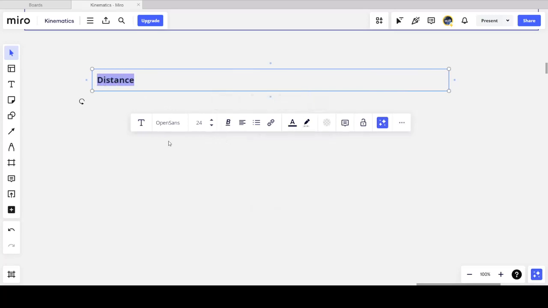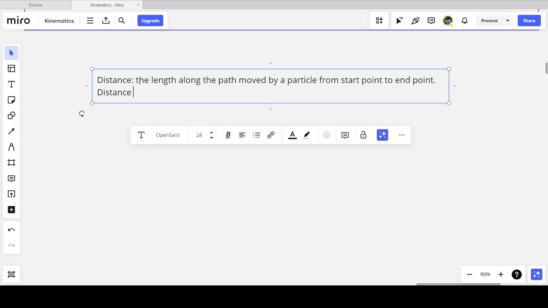And so what we know is that distance is a physical quantity, and we can define distance, again, you can find this in your textbook anywhere, as the length along the path moved by a particle from start point to end point, and distance is a scalar quantity. So it's a physical quantity and it is a scalar quantity.